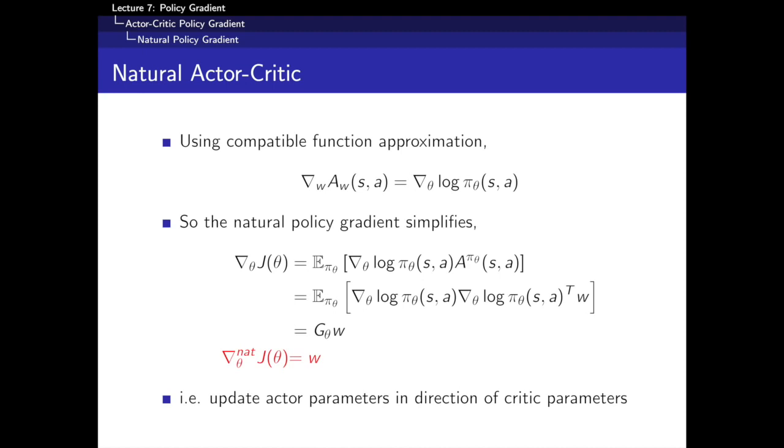We can use an eligibility trace where we accumulate our scores. Instead of just using the current score, we accumulate an eligibility over all of our scores over many time steps, and we use that eligibility trace instead of just the one current score. And we can use the deterministic actor critic, where we basically move in the direction that gets us more Q. All of these are essentially different variants of the same idea.